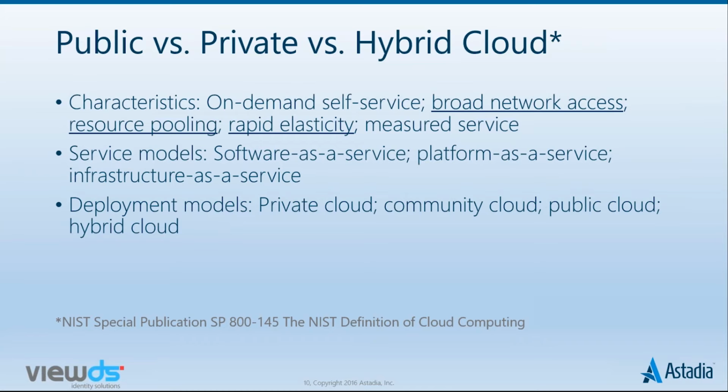Basically, cloud computing is a computing architecture that provides for on-demand self-service, and broad network access, meaning it's accessible from anywhere, not just inside the enterprise network. Resource pooling, so that workloads can be spread across multiple machines and different workloads can share resources from single machines. Rapid elasticity, and service measurement, meaning that you know how much computing services you're consuming at any point in time.